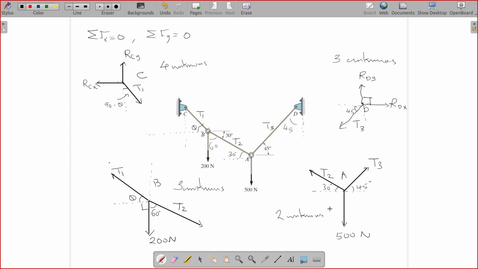So now which one will we choose first? Since we have two equations, we can solve only up to 2 unknowns. So there is only one system with 2 unknowns, that is this one. So we have to start with this system. Once we solve it, we get the values of T2 and T3. Then T3 here becomes known, and T2 here also becomes known.